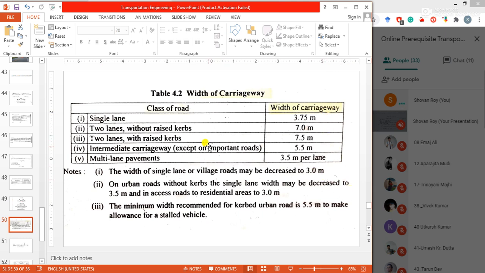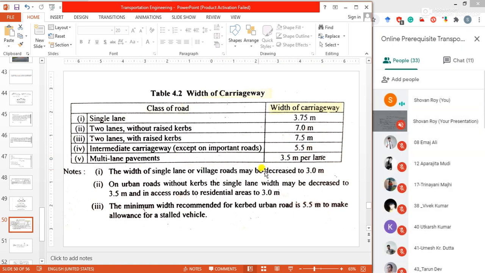For two lanes without raised curb it should be 7 meter, and with raised curb 7.5 meter. Intermediate carriageway, except on important roads, is 5.5 meter. Multi-lane pavements are 3.5 meter per lane. These are some values of width of carriageway provided by IRC.